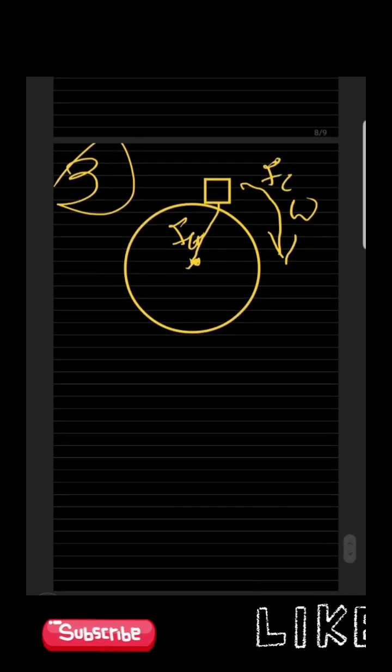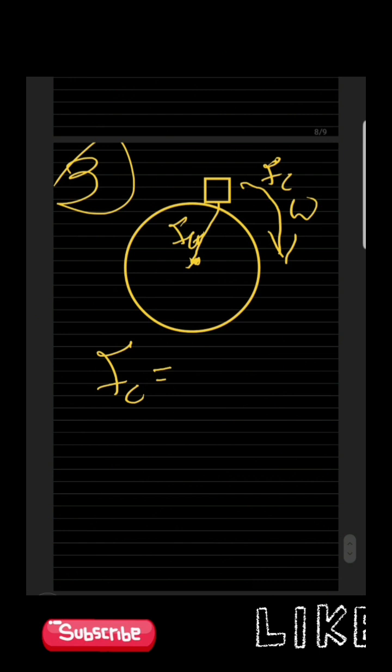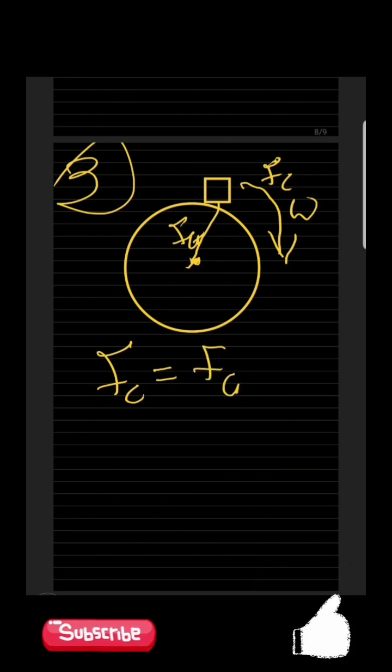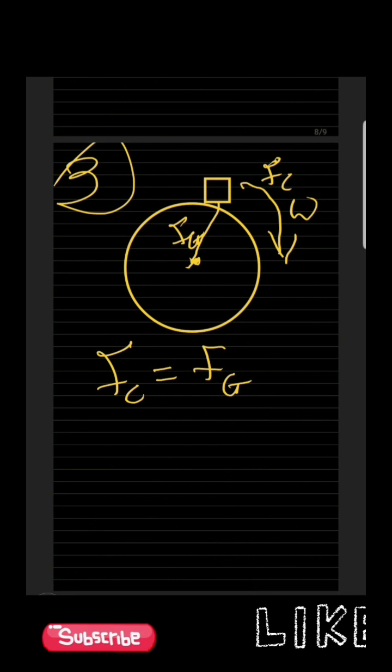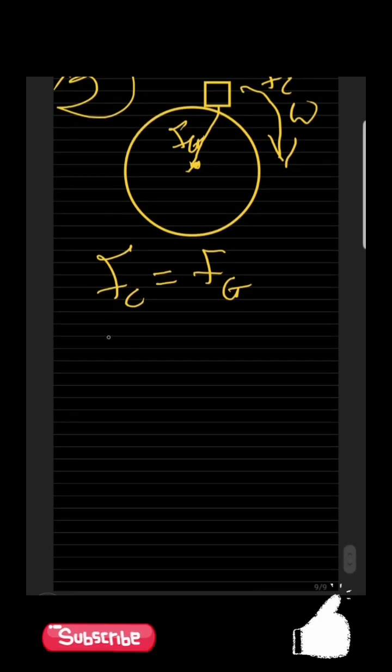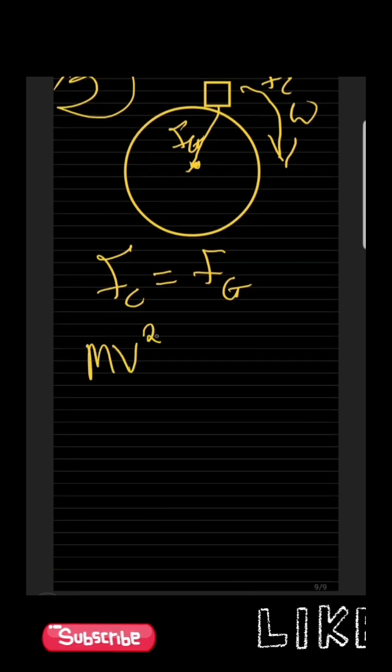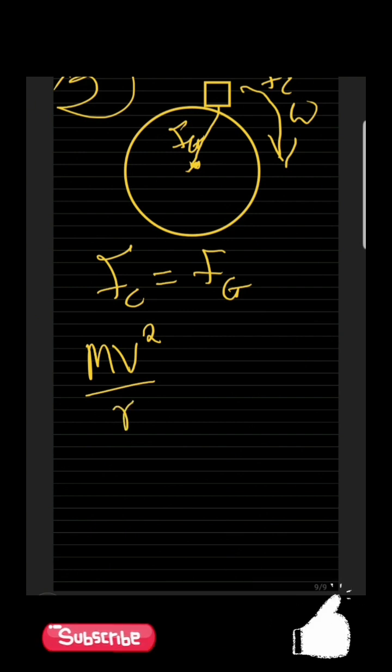And for this to happen, the centripetal force has to be equal to the Newton gravitational force for that object to continue that path. If the centripetal force is less than the gravitational force, then that object will be forced to fall into the Earth. Now the centripetal force by definition is given by mv squared over r, where r is the radius of the circle which is rotating.